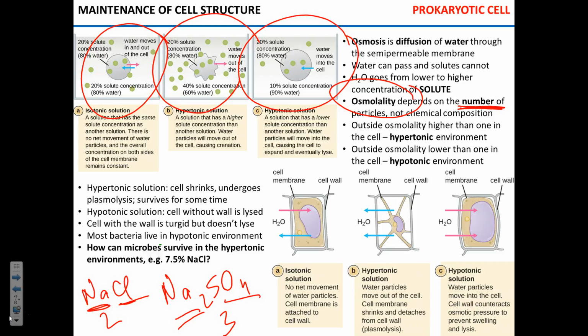Also, it's not concentration, because you can imagine that whatever's in the cell, it's proteins, lipids, sugars, ions, it's a whole bunch of stuff. So we talk about osmolality. Microbes don't exist in isotonic conditions.